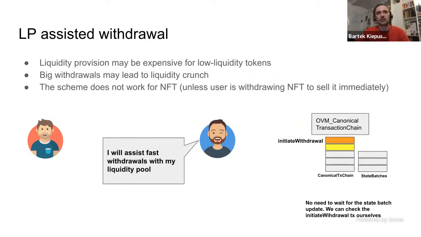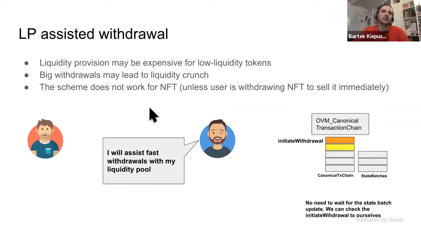However, it's got a couple of drawbacks. Well, first of all, it can be quite expensive for low liquidity tokens. Also, big withdrawals may lead to a liquidity crunch because, I mean, maybe there are actually more tokens on L2 than on L1. And if that's the case, and if somebody wanted to suddenly remove all the liquidity, there may be simply not enough liquidity on L1 to assist such a huge withdrawal.